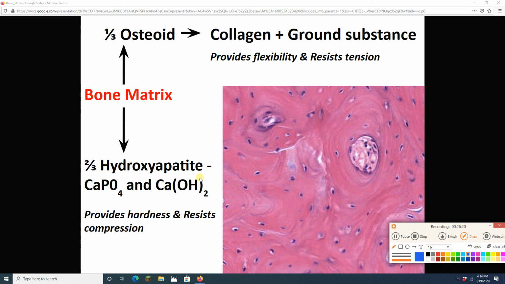And we have calcium phosphate and calcium hydroxide. So if I'm looking at this bone matrix here, a third of it is collagen, 2/3 of it is mineral. The mineral part is hydroxyapatite, which are my two calciums, calcium phosphate and calcium hydroxide. That provides the hardness and resists the compression, whereas the collagen is going to give us flexibility and is going to resist tension.